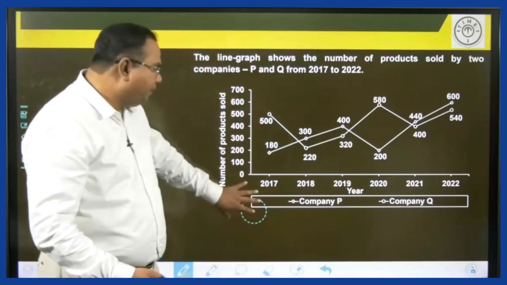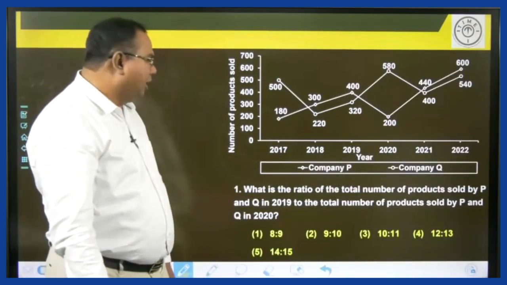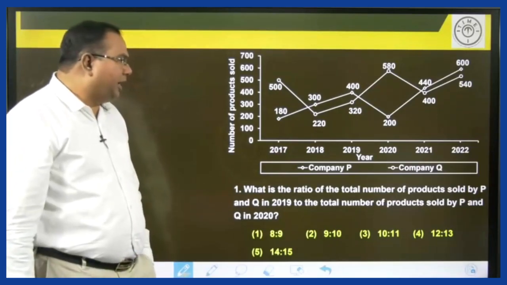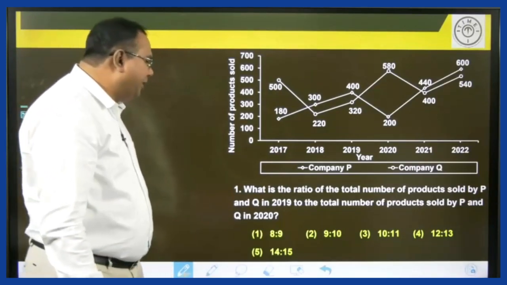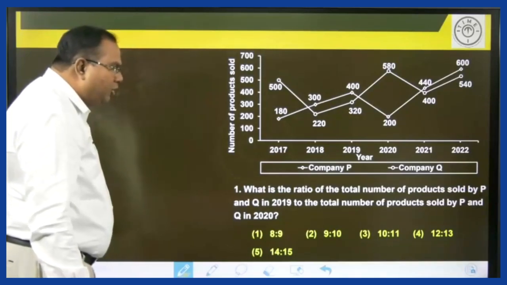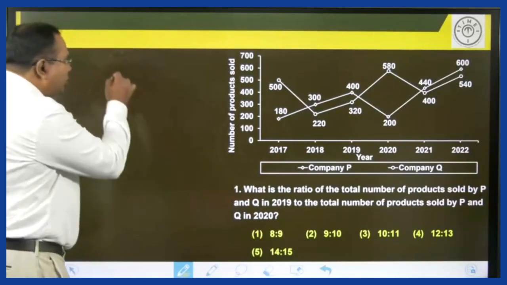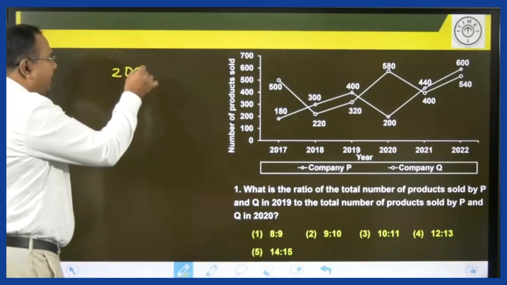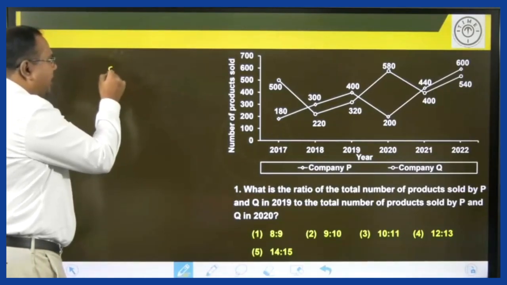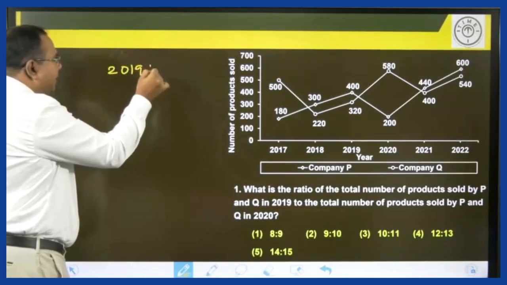Let us move ahead now. Question number 1. What is the ratio of total number of products sold by P and Q in 2019 to the products sold by P and Q in 2020? I want total of P and Q in 2019 is to 2020. Simply, we need to add.